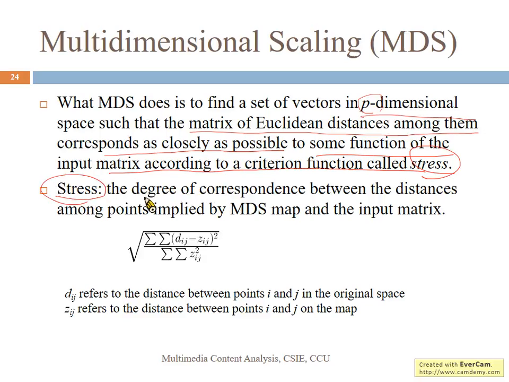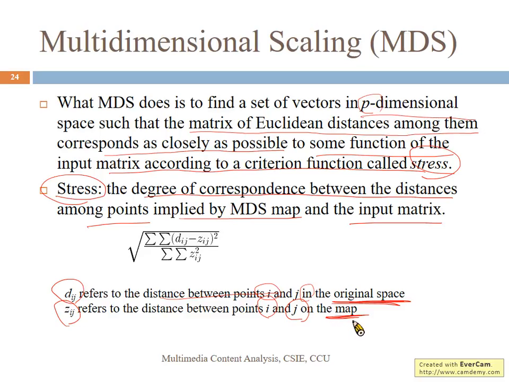The stress means the degree of correspondence between the distance among points implied by the MDS map and the input matrix, and it can be mathematically defined like this. Dij here refers to the distance between points i and j in the original space, and Zij here refers to the distance between point i and point j on the map, or in the lower dimensional space.